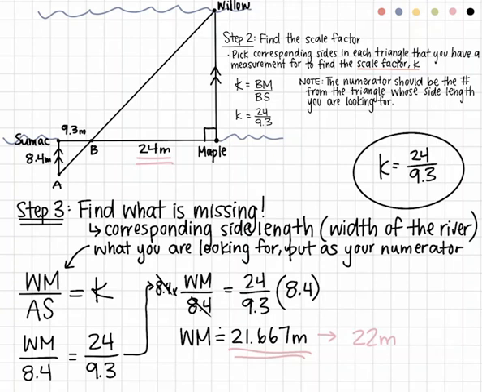If you were looking for this missing side length, and it came up as a decimal with 5 places, you would want to write it to correspond to the other measurements in the triangle. So you would round it to 1 decimal place, which is what we're doing here, right? And then you can write your therefore statement. Therefore, the width of the river is 22 meters.